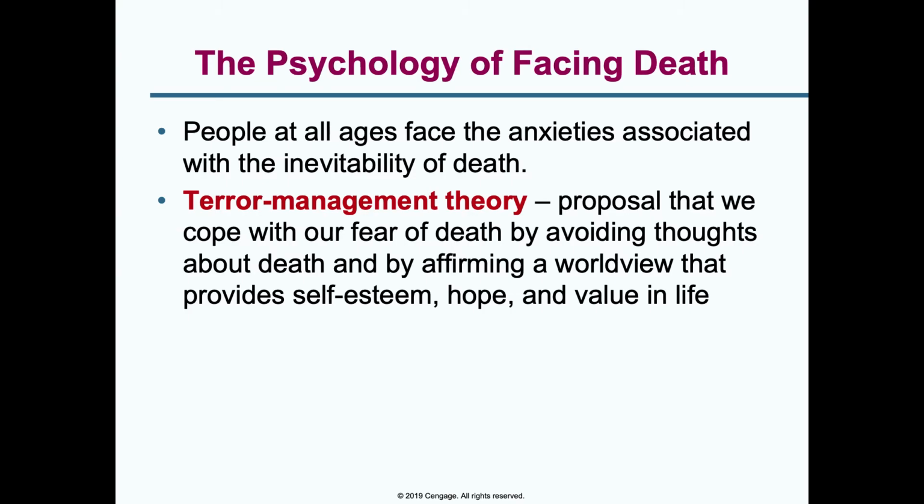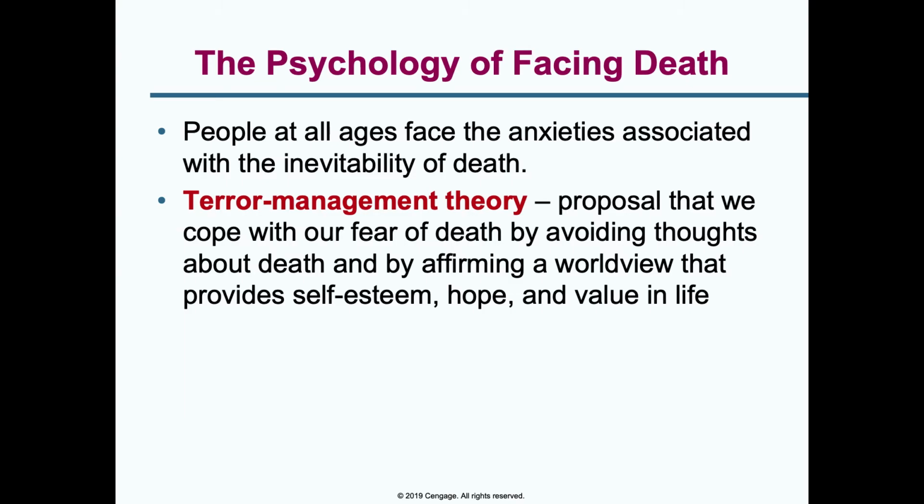So we reassure ourselves by thinking about good things that we have, exciting things we have to look forward to, anything positive to provide us with better self-esteem, hope in every day, and valuing life. That is the way that we face these anxieties about the inevitability of death.